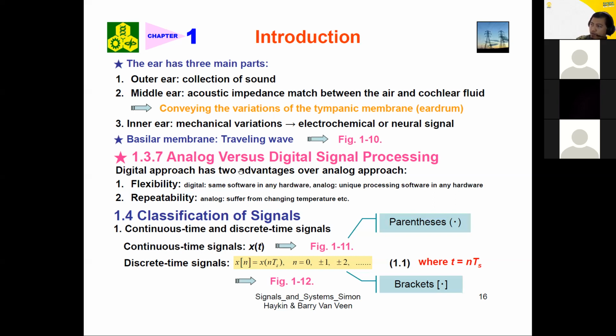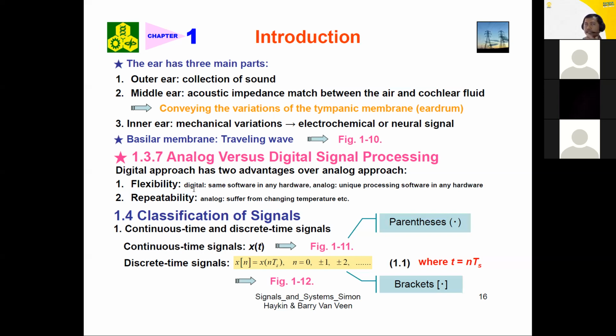You can see here the digital signal has more advantages than the analog signal in terms of flexibility to do processing, or in terms of repeatability.